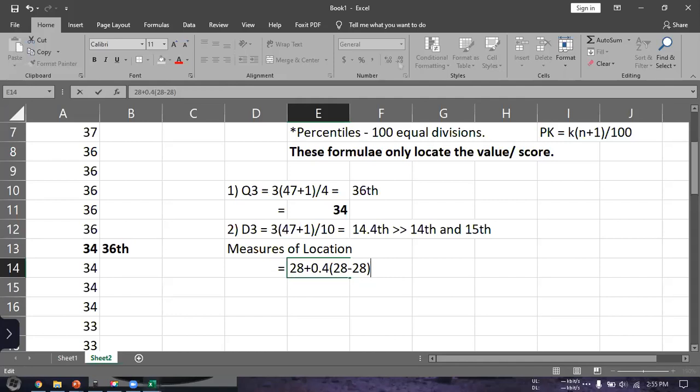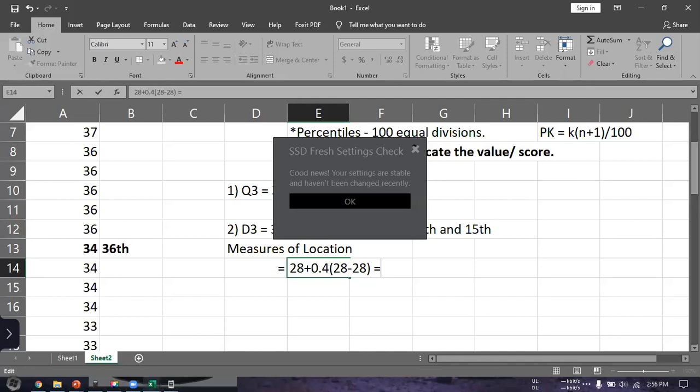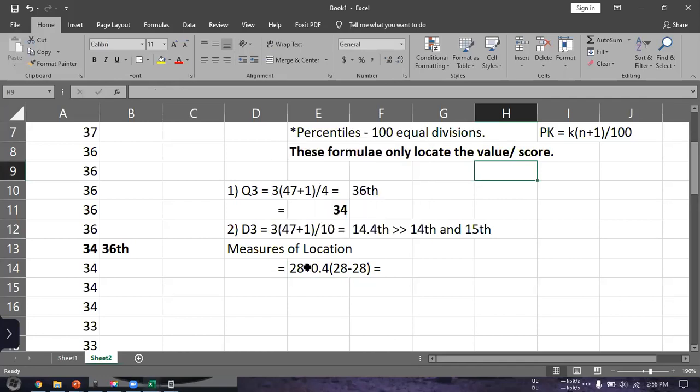But this is the right process of identifying the values. So I repeat, the 14th item, or whatever two given values or locations you have: 28 plus 0.4, from the location we found here, 14.4, times 28 minus 28, the 15th and the 14th.